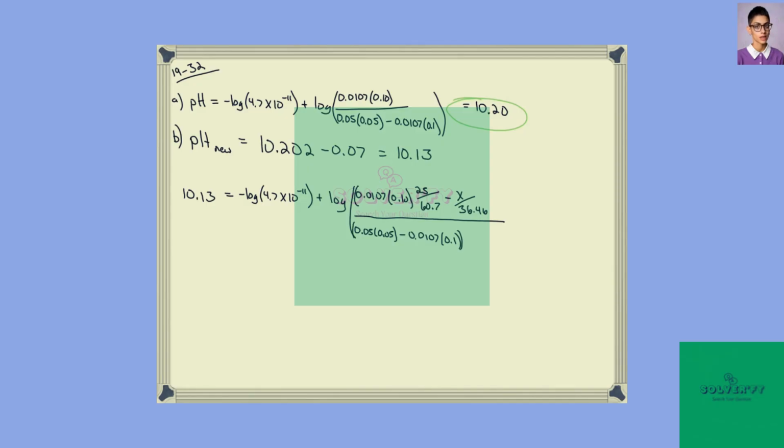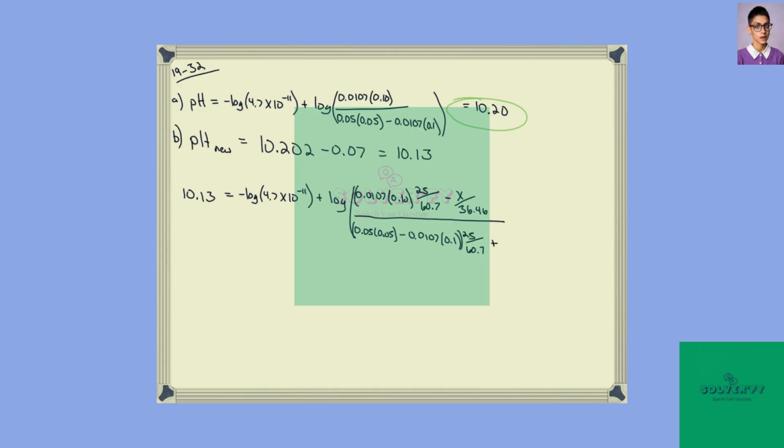And that would be the moles that are present in the entire volume, but we're trying to change the pH of just a fraction of that volume, the 25 divided by the 60.7. This is now the moles of the weak acid, sodium bicarbonate, that we have before adding the strong acid and converting some of the weak base into the weak acid.